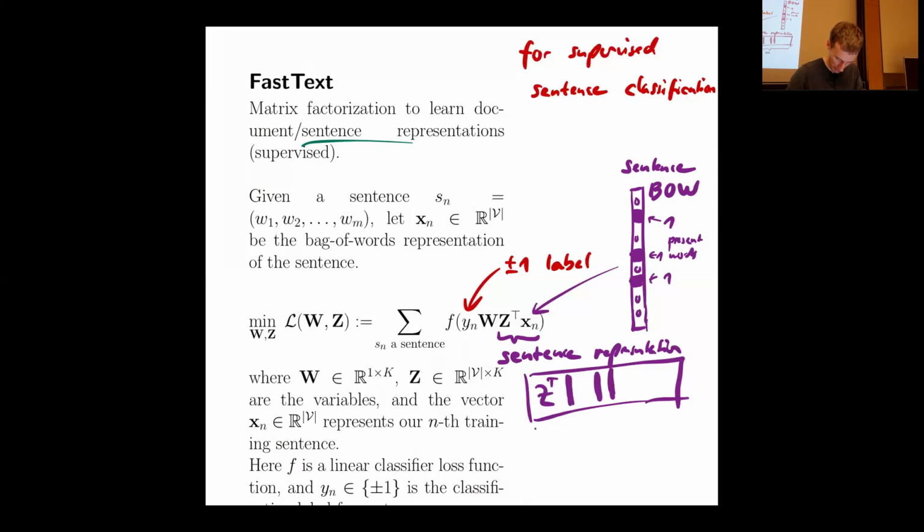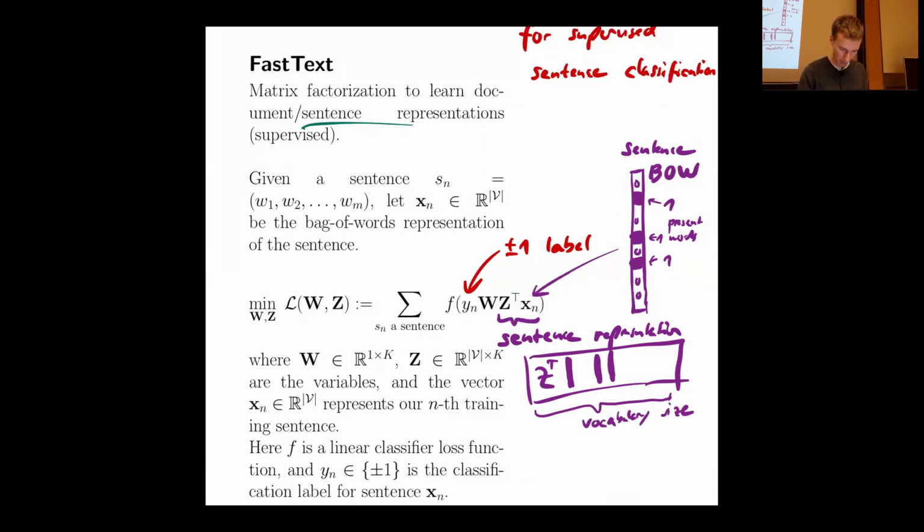The vocabulary size is maybe 20,000 or 100,000. I just decided I want to learn such a Z matrix. Why not? That's a word embedding matrix, because for every word there will be an entry in this Z matrix. And how many dimensions do I want? How many features does each word vector have? That's K. You choose it to be something. Okay, that's the Z matrix.